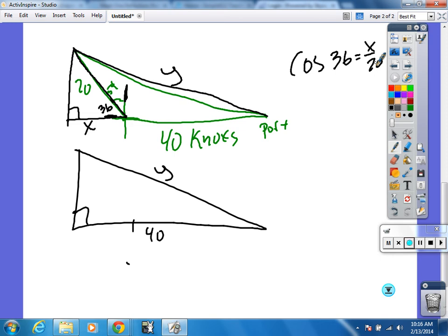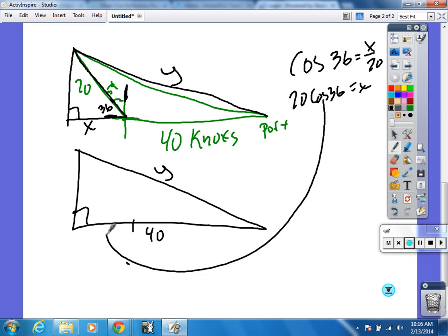Times the 20 over. 20 cosine of 36 equals X. And isn't that amount right there? So what's the whole base of how far he is away, like westerly? Does that make sense? How far is he away westerly? 40 plus this amount, isn't it? Does everybody see that? Okay.